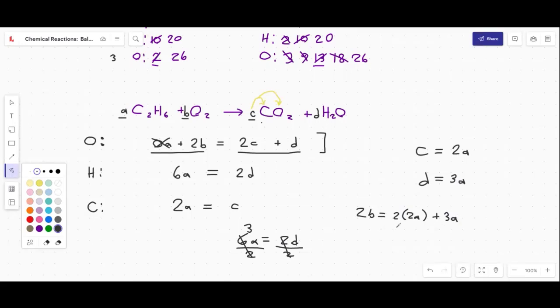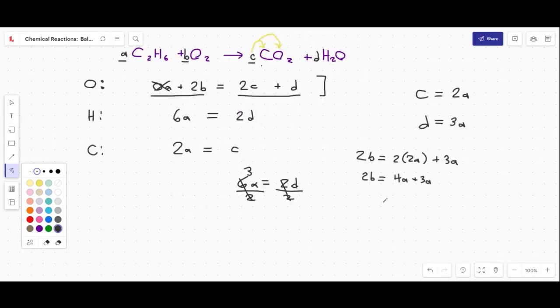So 2B is equal to 4A plus 3A. Well, that means 2B is equal to 7A.